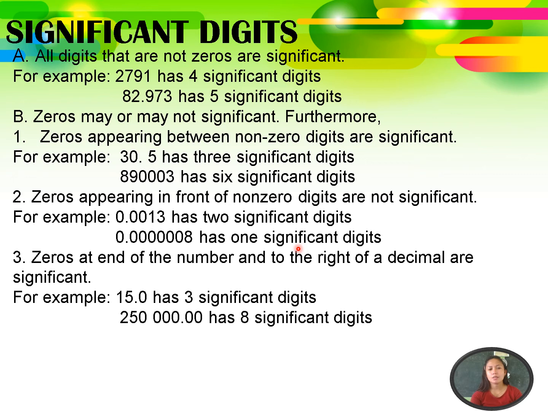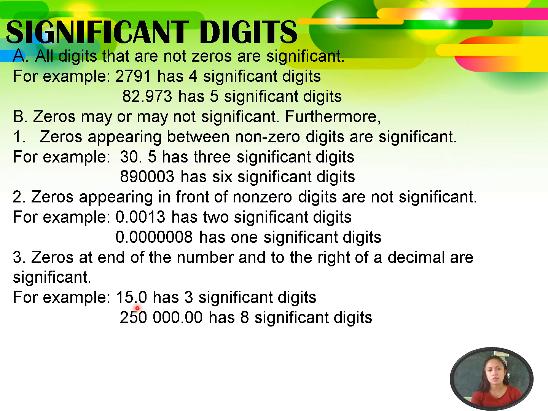Next, zeros at the end of the number and to the right of a decimal are significant. For example, we have here 15.0. In this case, 0 here is located to the right of the decimal point.